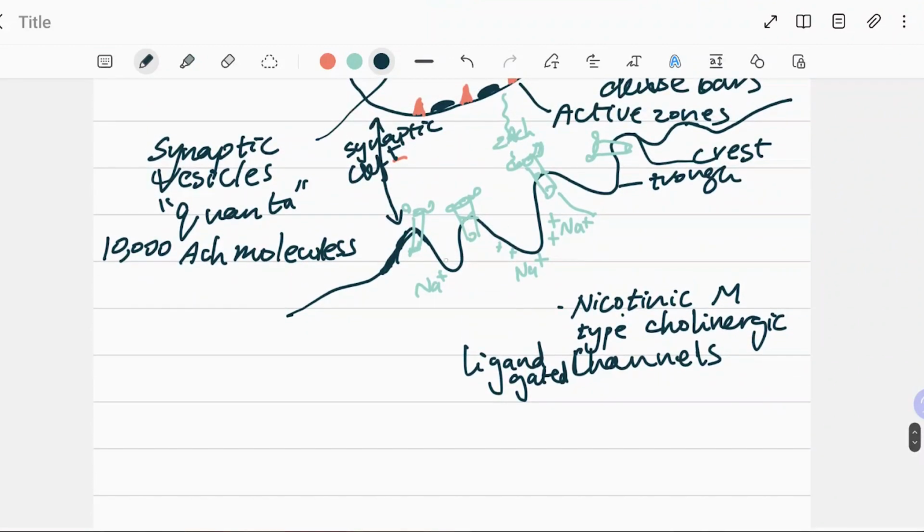If you release enough acetylcholine, then you will have enough sodium causing enough depolarization that you will create a chain reaction called action potential.